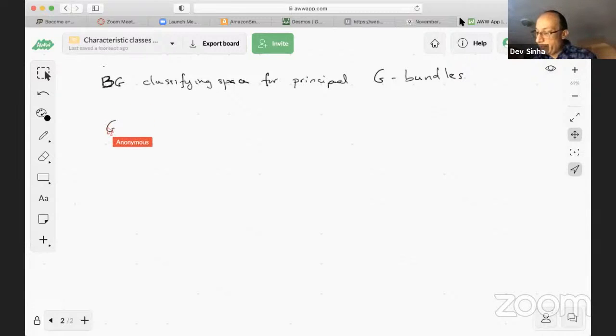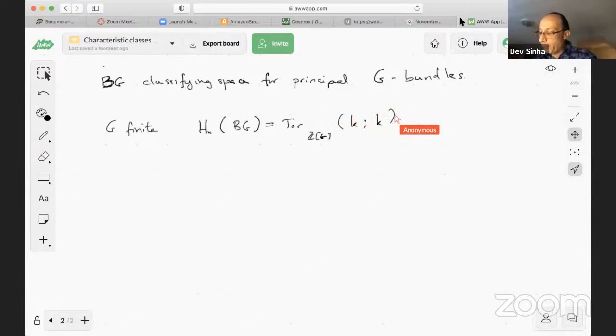But if G is finite, then this is a space whose homology ends up being something called the Tor groups over the group ring of G. So that's just this associative but not commutative algebra of K with itself, if K is our coefficients, and I guess I'll put a K here as well.